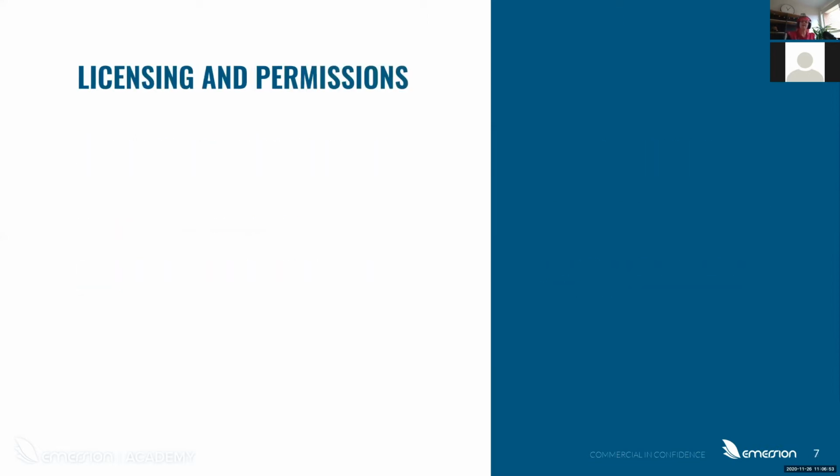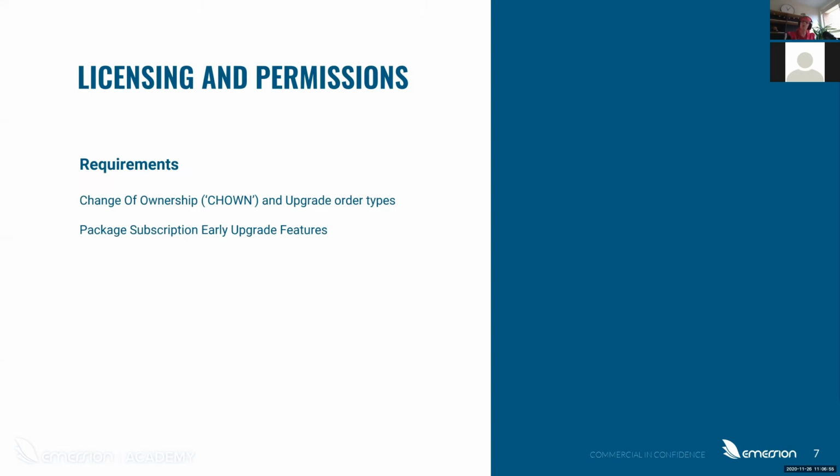Around licensing and permissions, if you don't have access to CHOWNs, or change of ownership order types, and upgrade order types, you will need access to those. You'll also need access to the package subscription early upgrade features, because it is related back to the package subscription. Just to quickly recap, package plans are what we sell the customer, and a contract is tied to a package plan.